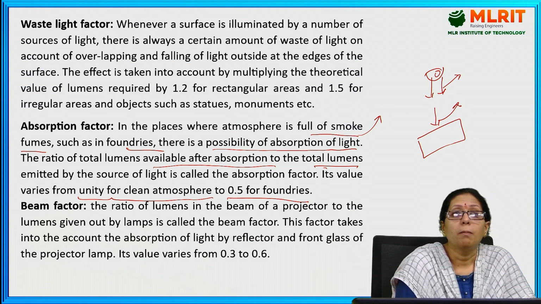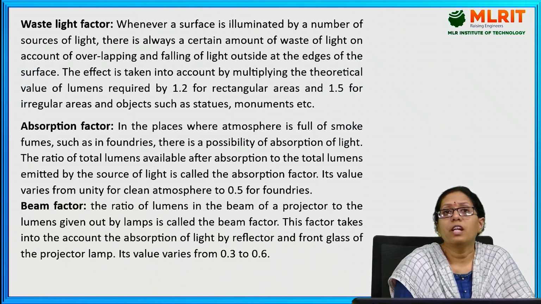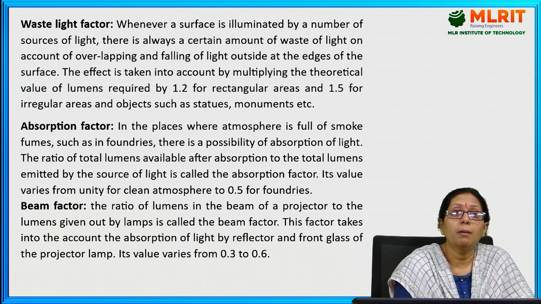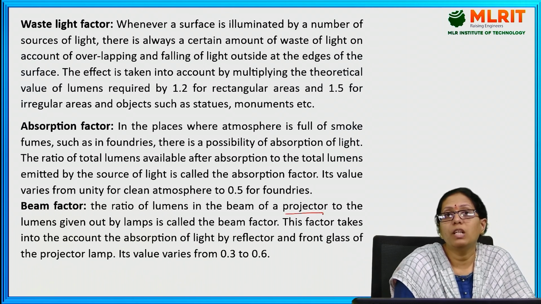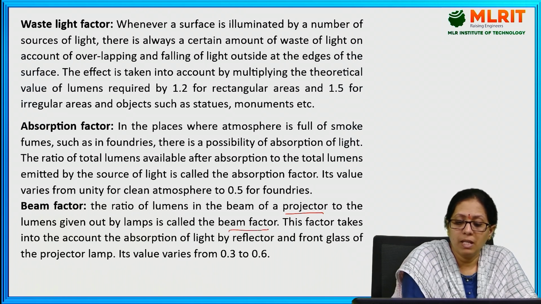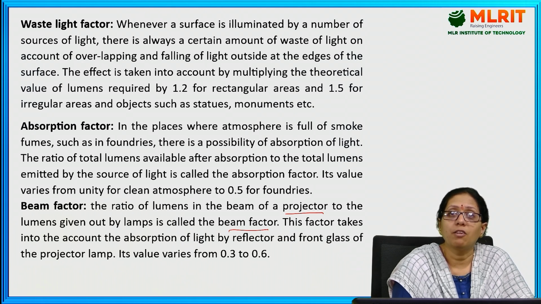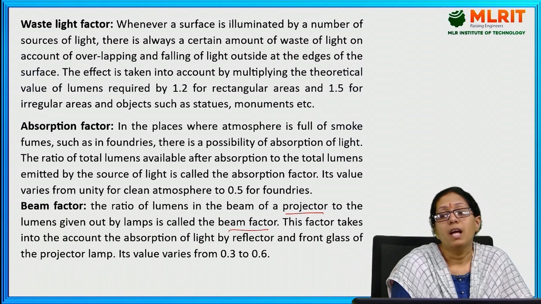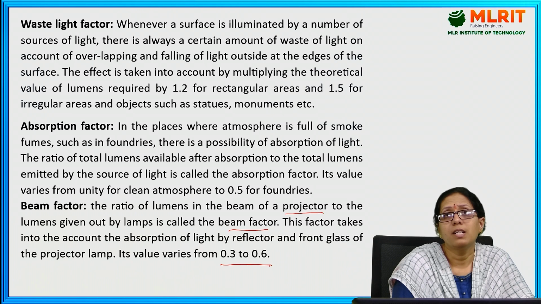Next one is beam factor. The ratio of lumens in the beam of a projector to the lumens given out by lamps is called the beam factor. This factor takes into account the absorption of light by the reflector and front glass of the projector lamp. Its value varies from 0.3 to 0.6.